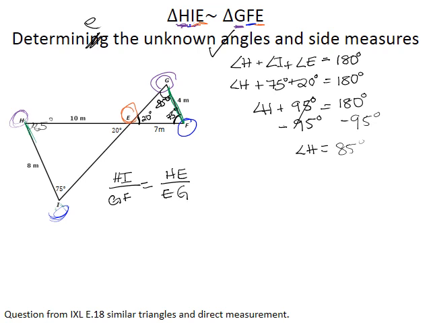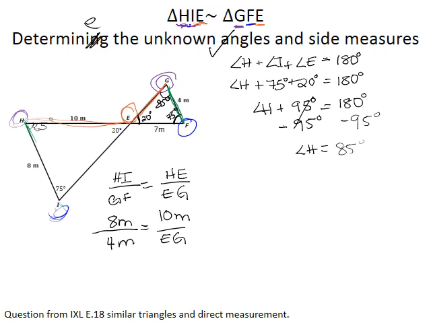So that would be this side here, HE over EG. What I do next is I substitute everything in. So my HI, this side here, is 8 meters. So I can write 8 meters here instead of HI. GF is 4 meters. HE is 10 meters. And we don't know the side of EG.